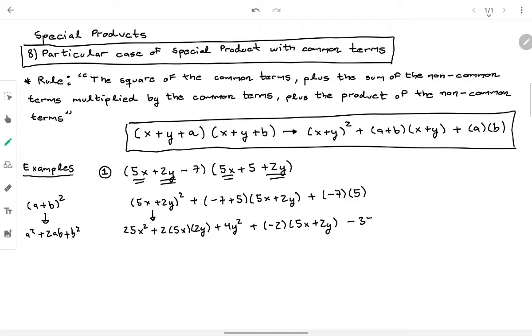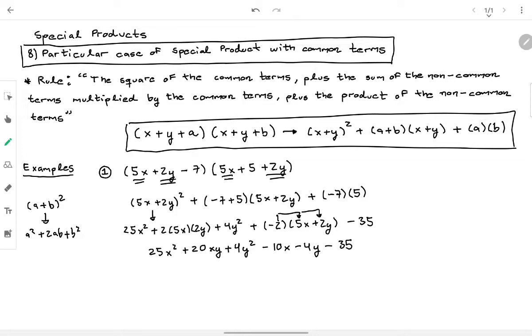So we will get something like 25x squared plus 20xy plus 4y squared minus, remember when we have this one, this minus 2 will multiply the two of them, so it's going to be minus 10x minus 4y minus 35.